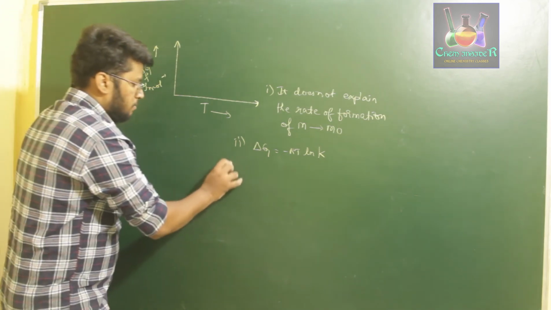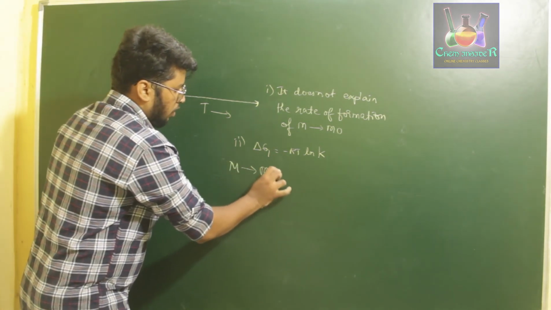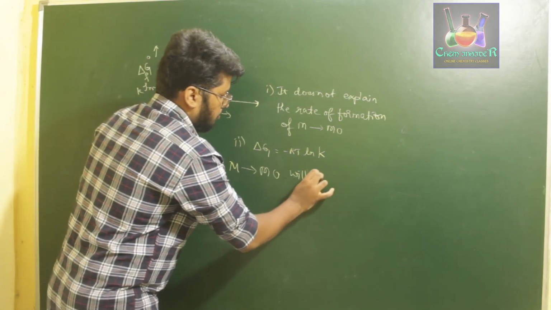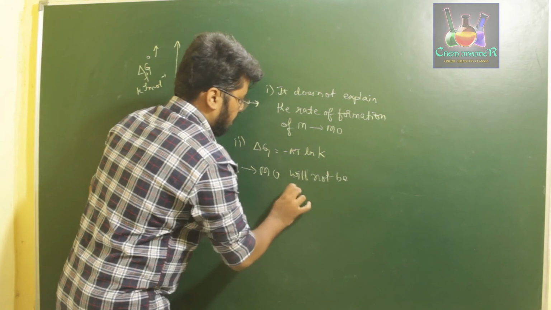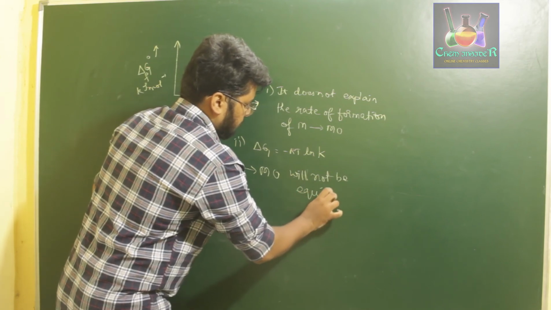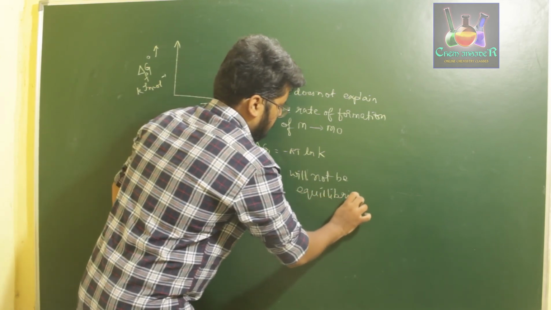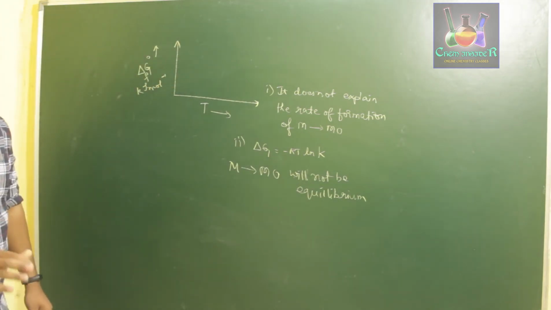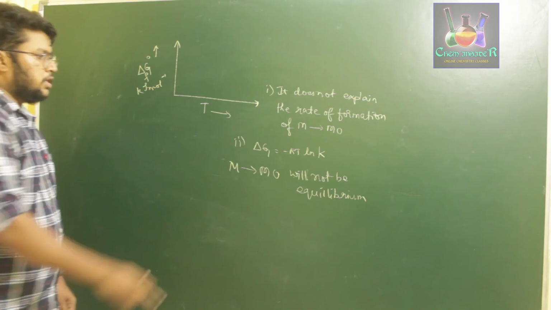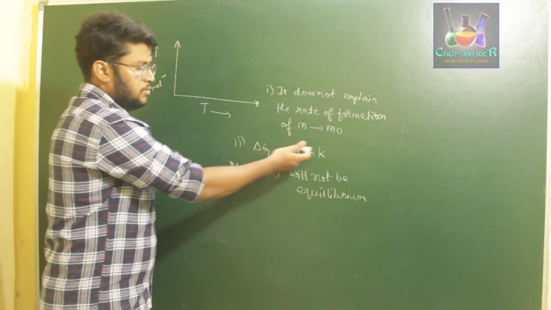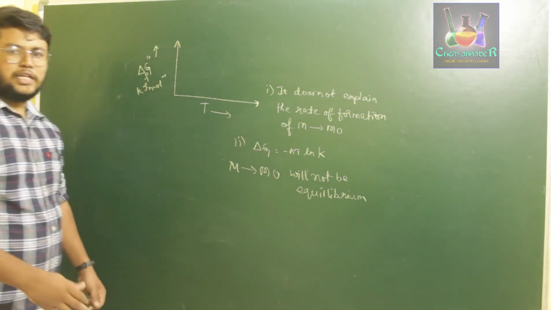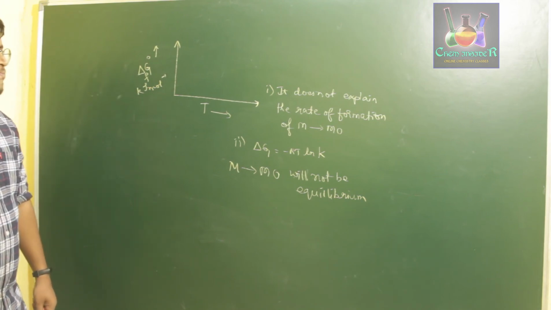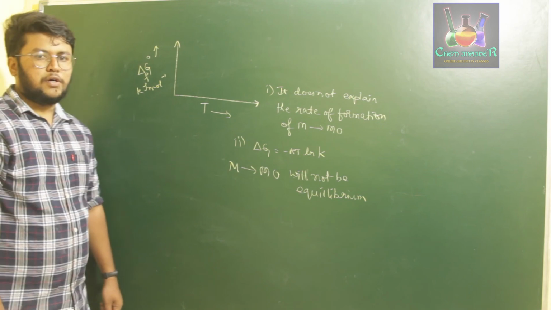Conversion of metal to metal oxide will never be in equilibrium. Therefore, delta G, which is expressed in terms of the equilibrium constant, does not explain the composition of the reaction conversion. Okay, so these are the limitations of the Ellingham diagram.